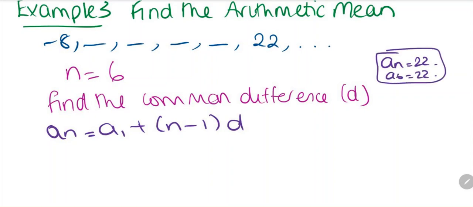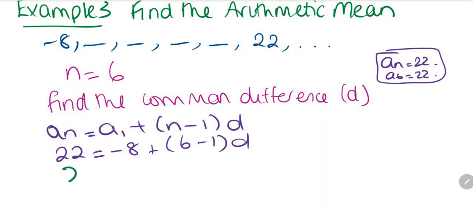So we're going to put in the value of 22. And the first term, a1, we have minus 8. We know that the number of terms we have is 6, so that's 6 minus 1, but we don't know the common difference d. So we're just going to distribute and sort out this equation.